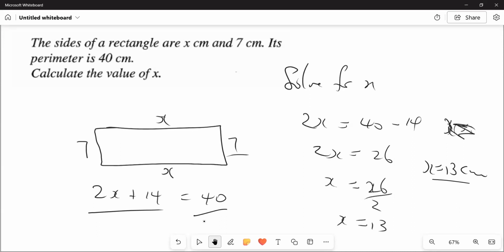At other times, a diagram may not be possible, so let's do an example with that.